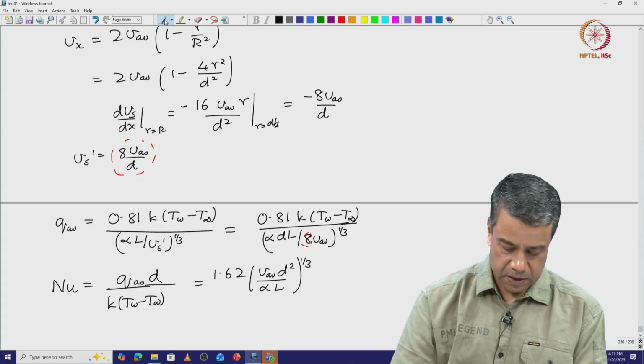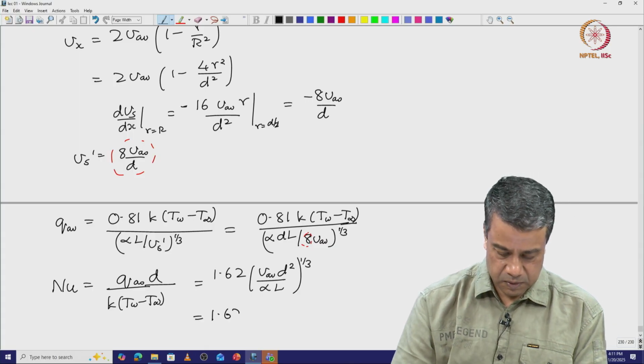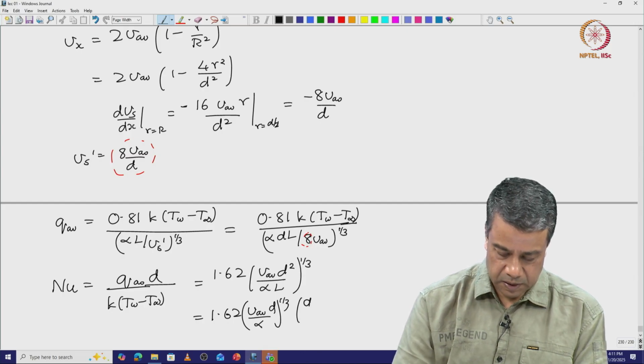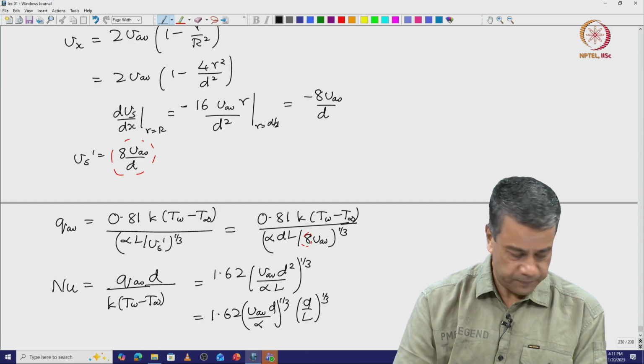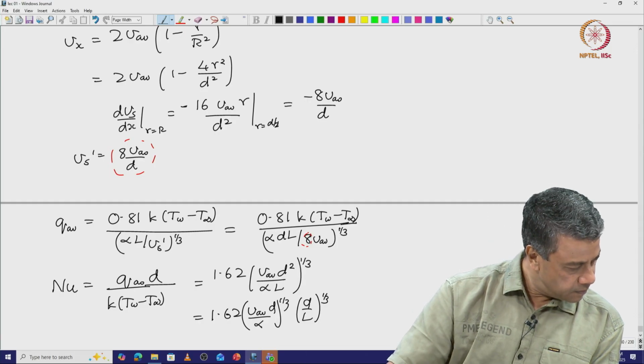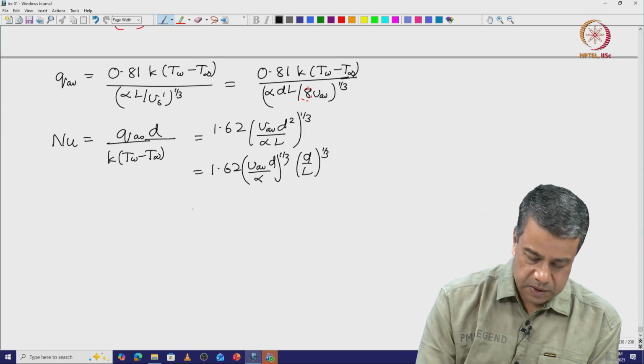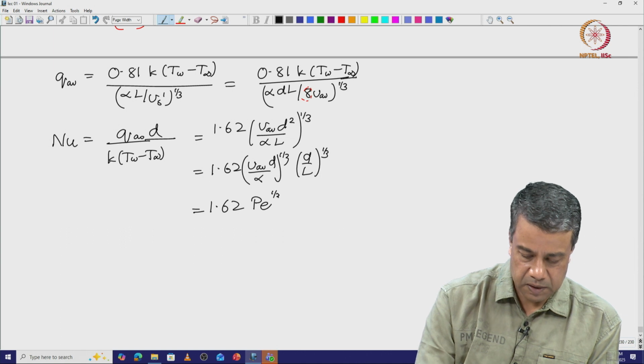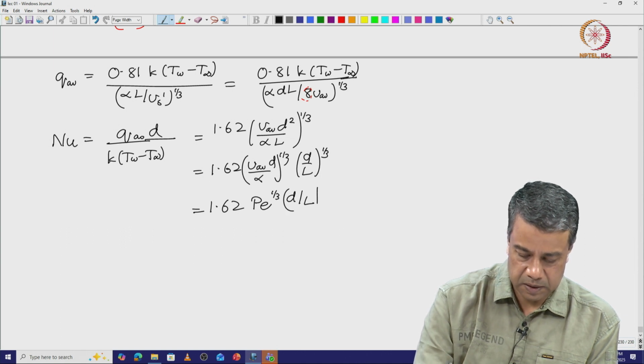This is equal to 1.62 V average d by alpha power 1/3 into d by L power 1/3, which is equal to 1.62 Pe power 1/3 times d by L power 1/3.